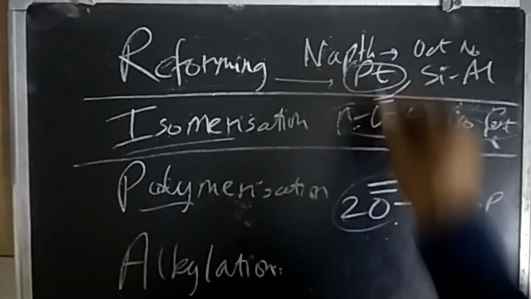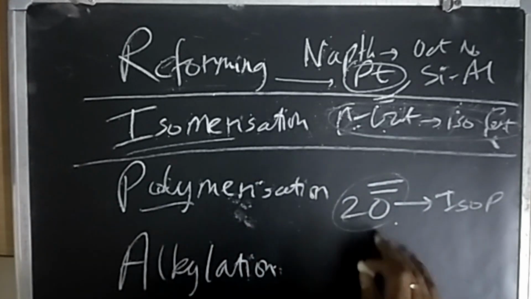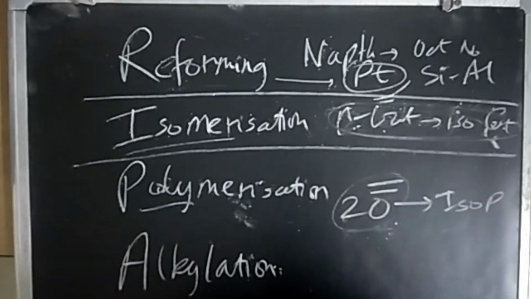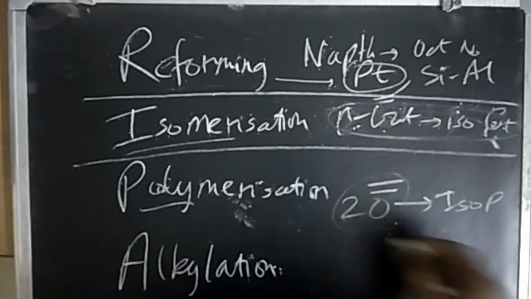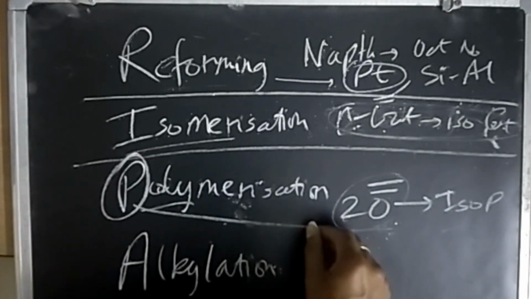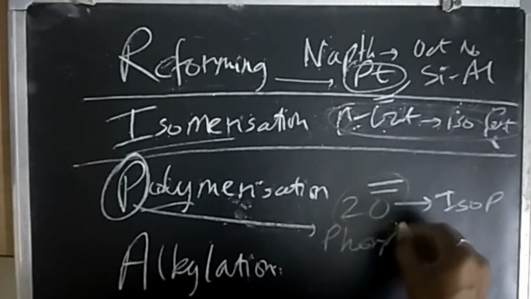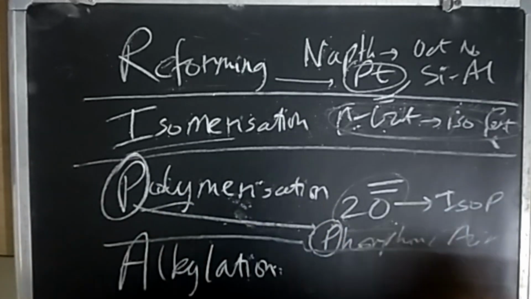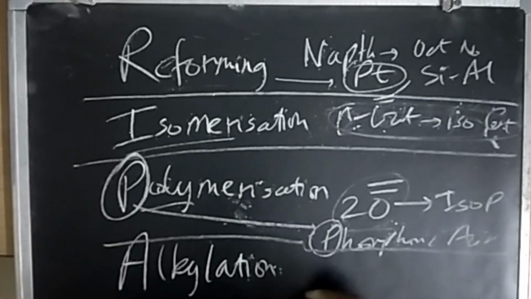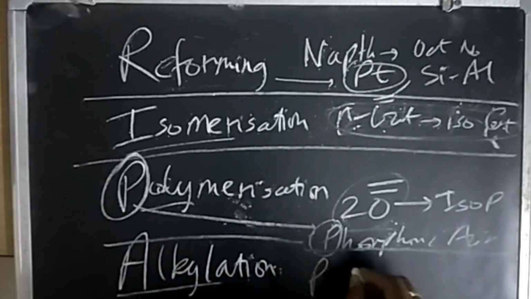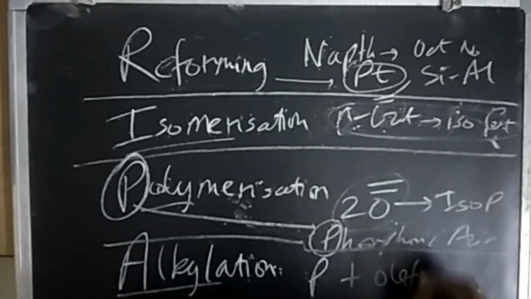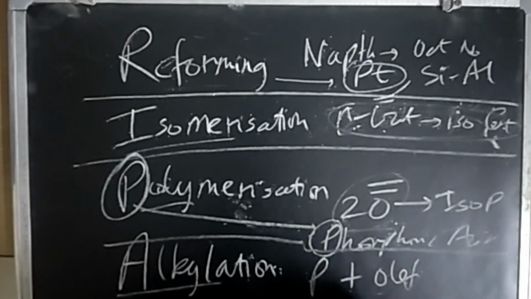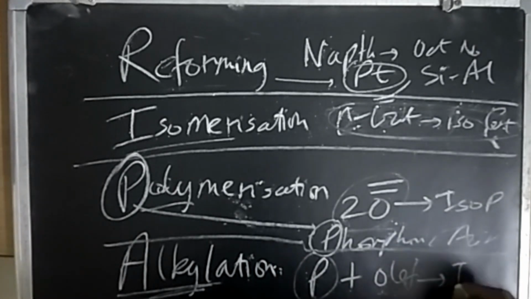Next, polymerization is done to increase the octane number. In polymerization, two olefins make a polymer, an isoparaffin, and P and P: phosphoric acid is the catalyst. And lastly, alkylation means making an alkyl product, that means paraffin plus olefin gives an isoparaffin.